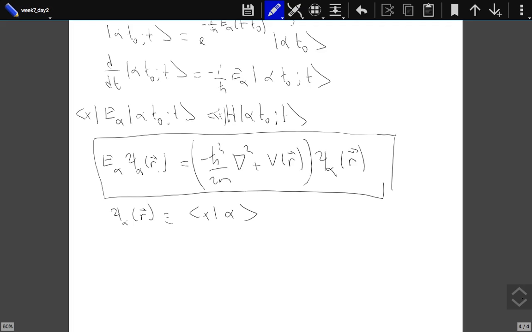Now let's write it in a slightly different form. The Laplacian acting on psi alpha is equal to 2m over h bar squared times V of r minus E alpha, times psi alpha.